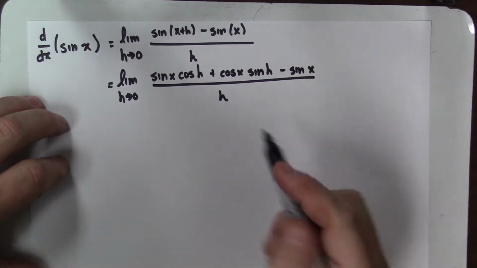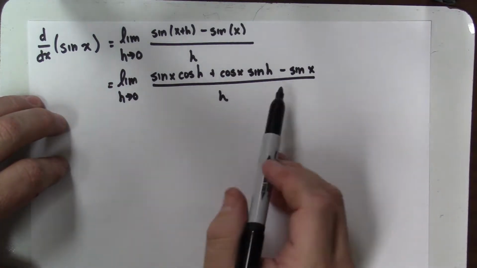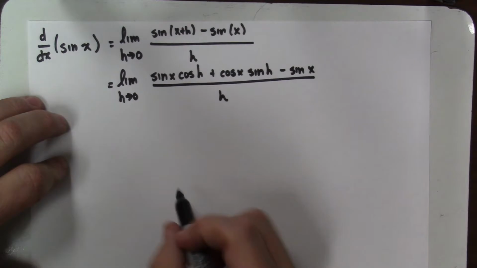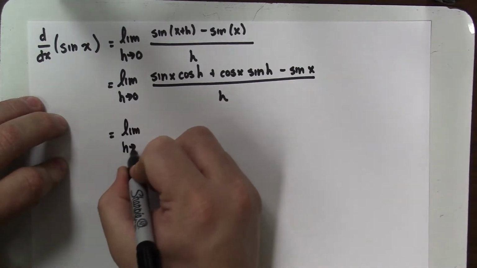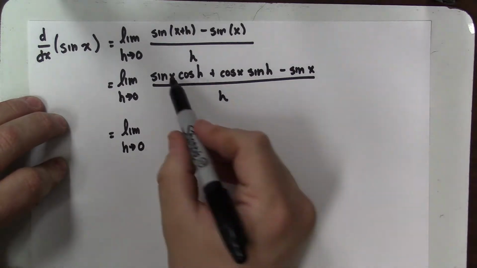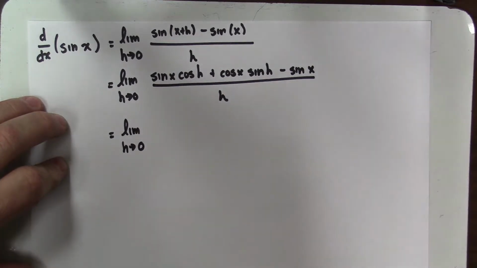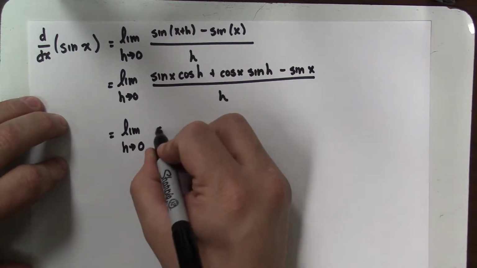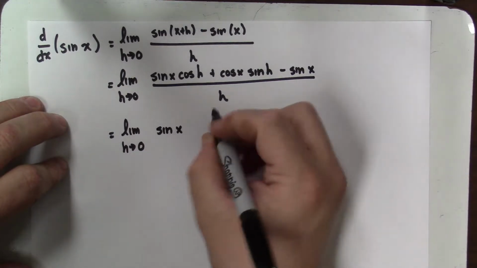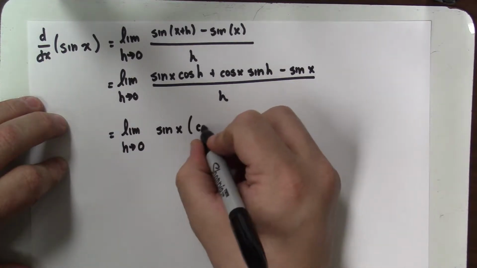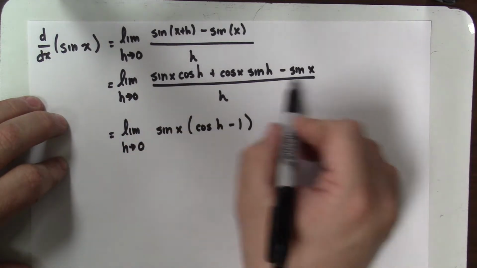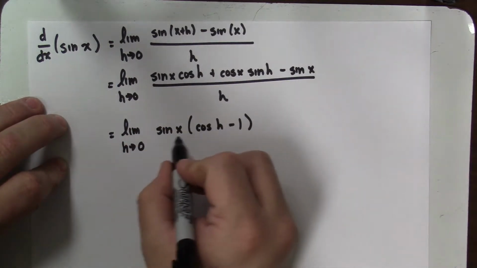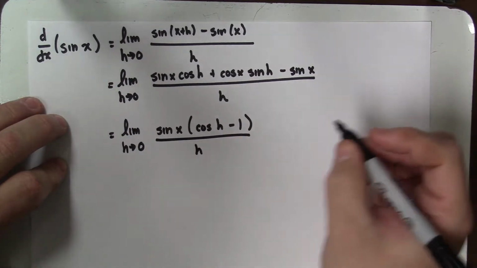Now, what I'm going to do is try and get this sine x by itself. So I've got the limit as h goes to 0, because I've got a sine x here and a sine x here, I've got sine x times cos h minus 1. So that's taking this term and factoring out a sine x, and all of that is over h.